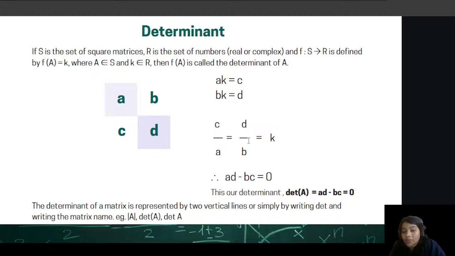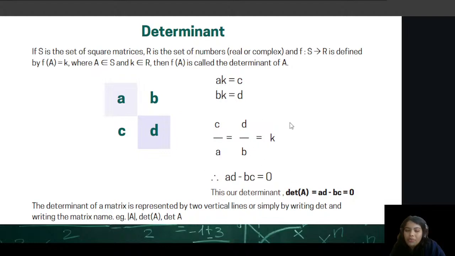So if we want to develop an equation like c by a, d by b equal to k, because there exists a common element between them, k, we simply cross multiply and get this equation.